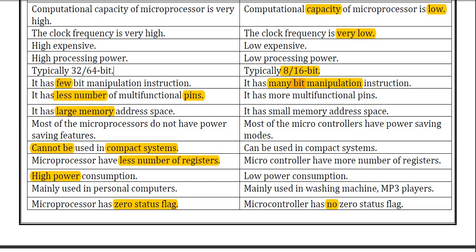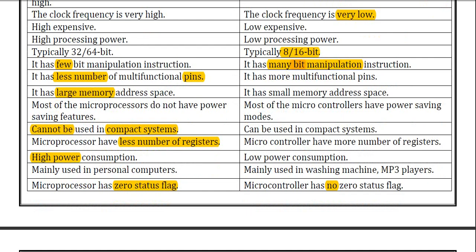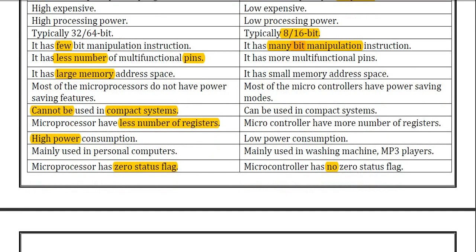The microprocessor has a large address memory space, but the microcontroller has a small one. The microprocessor has fewer registers, but the microcontroller has more. The microcontroller consumes lower power than the microprocessor. The microprocessor has a zero status flag, but the microcontroller has no zero status flag.